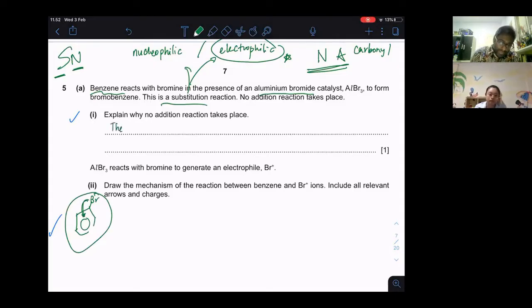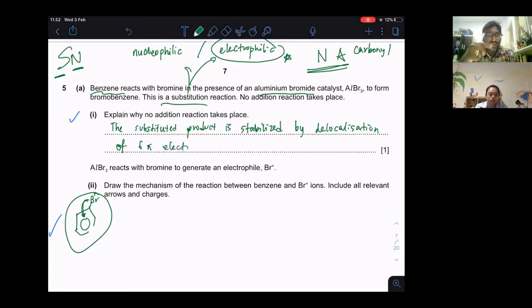You just need to explain that the substitution product is stabilized by the delocalization of the pi electrons. The substituted product is stabilized by delocalization of 6 pi electrons, or pi electrons will do.